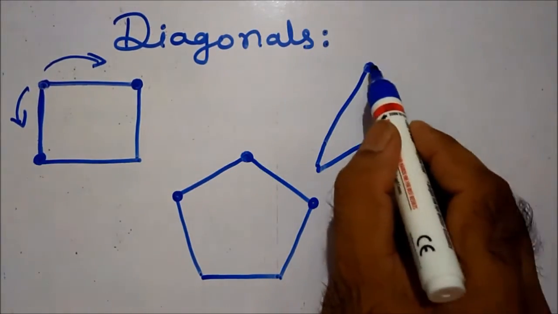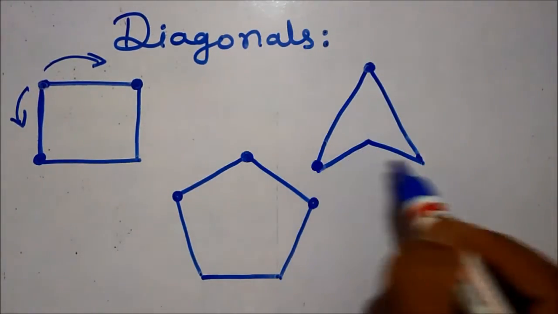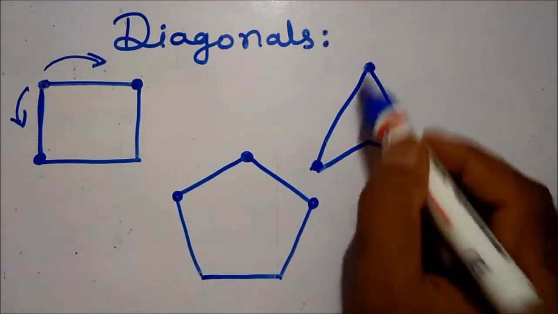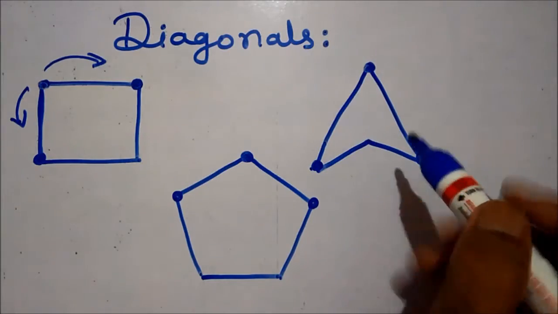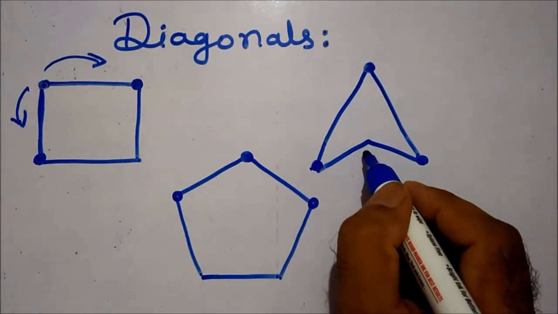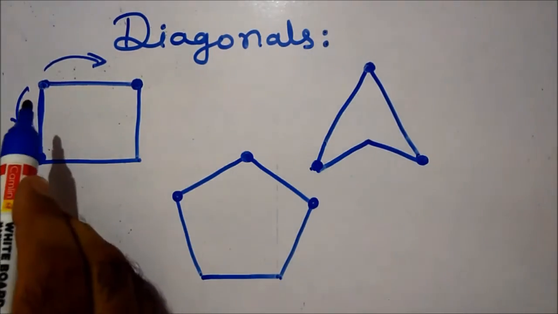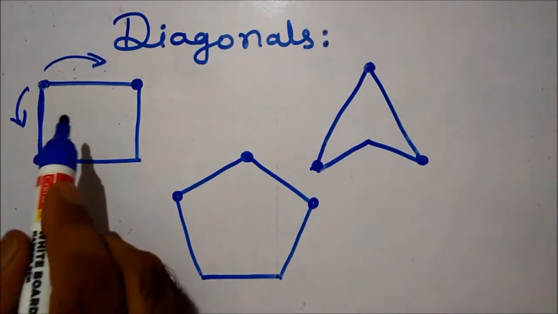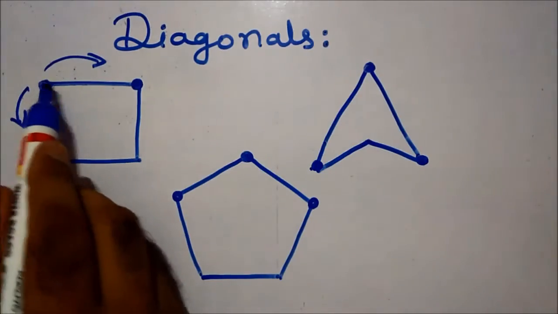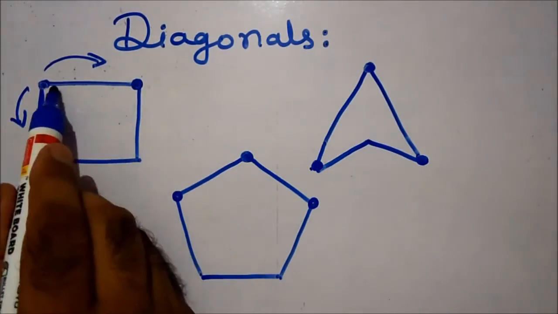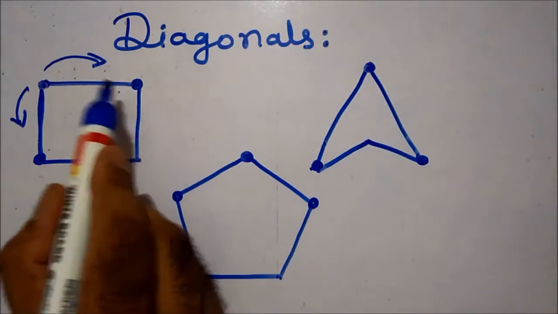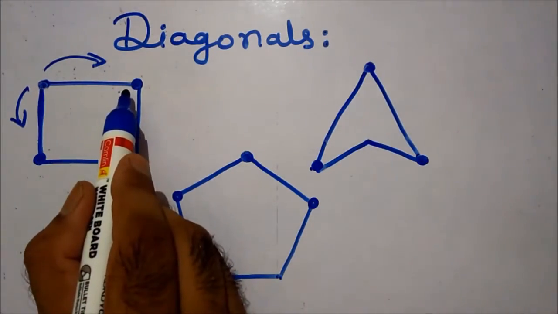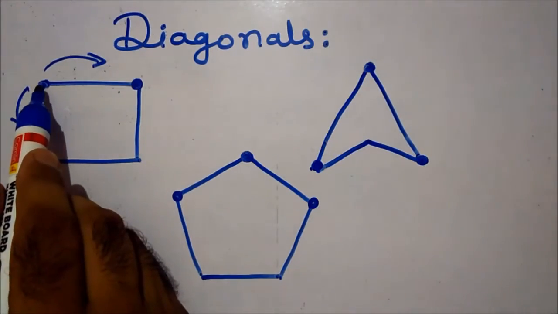So this and these two vertices are consecutive, meaning next to that, but this is not consecutive. As per the definition, the line segment joining non-consecutive vertices. Here the line segment is joining two vertices, but both are consecutive vertices, and we have considered this.